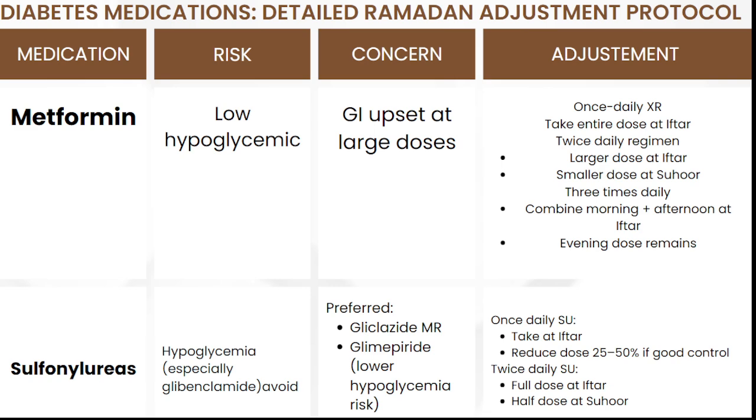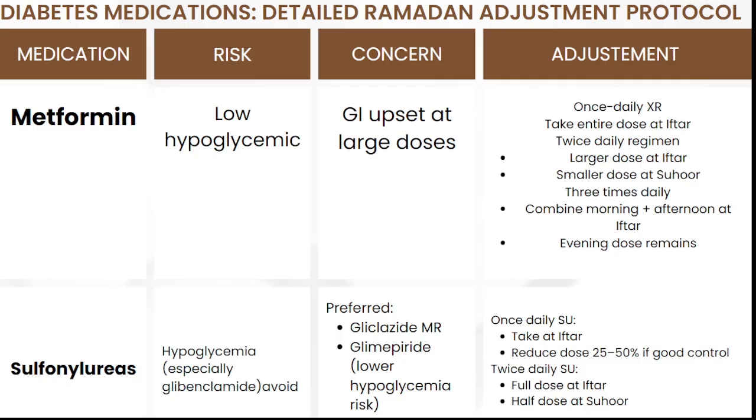Sulfonylurea. Sulfonylurea has a very high hypoglycemic risk, like Amaryl. My concern is with one generic, glibenclamide, which has a higher hypoglycemic risk. So it's better to avoid it in fasting time and shift to either gliclazide MR or glimepiride, which have lower hypoglycemic risk.